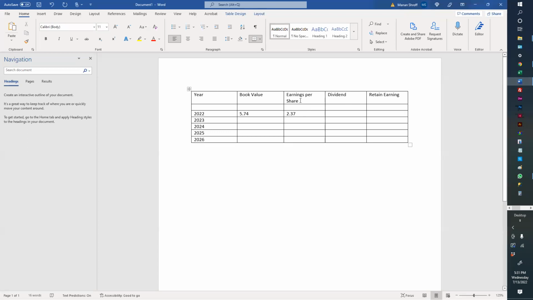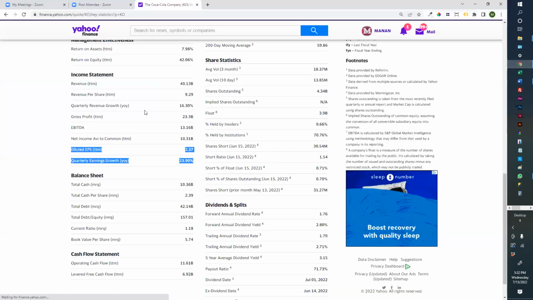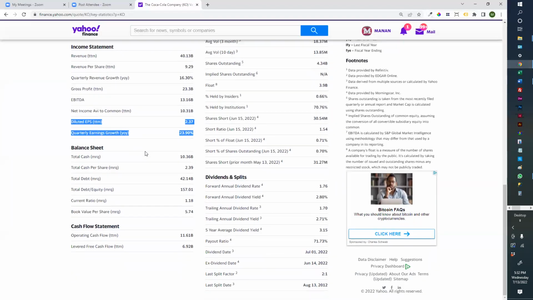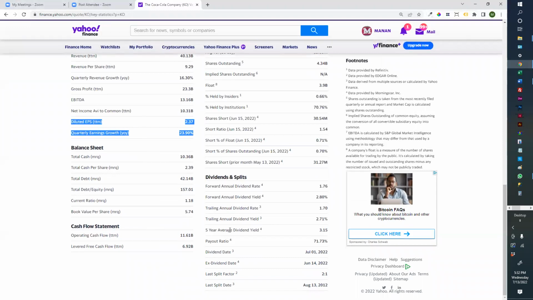Now, when Coke is earning $2.37, it's not keeping all $2.37. Part of the earning, it gives back to you in the form of dividend. So we will find the dividend. Where is the dividend rate for Coca-Cola?